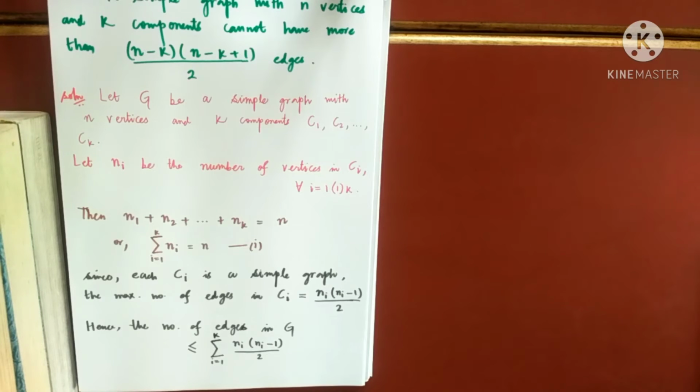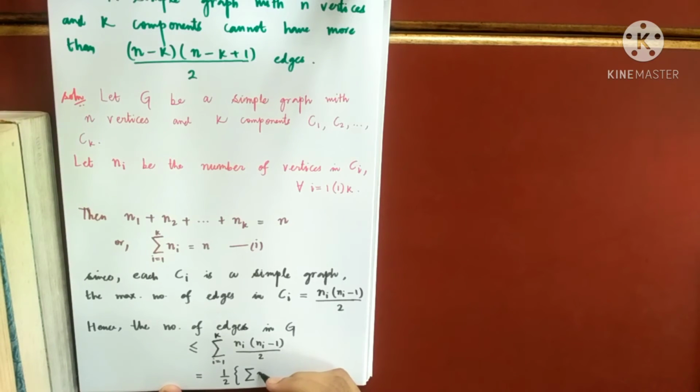So if I simplify this, half goes outside, and I remain with summation Ni squares minus summation Ni, i running from 1 up to k.